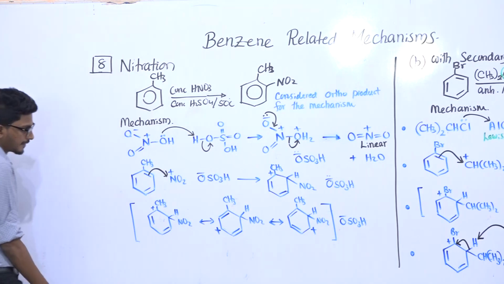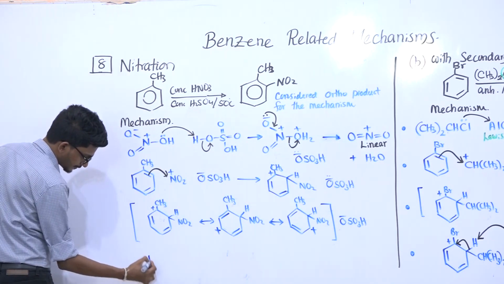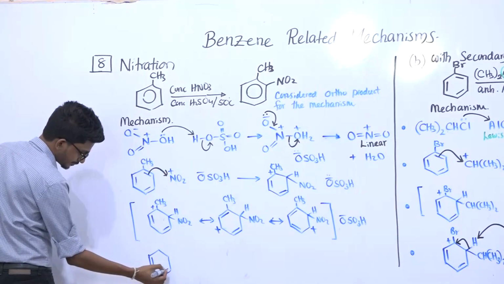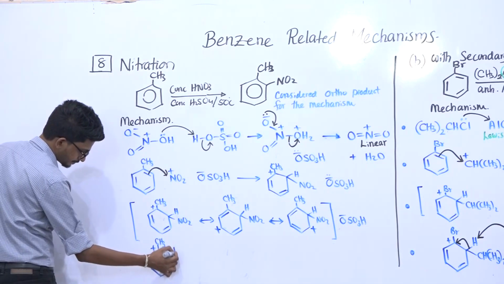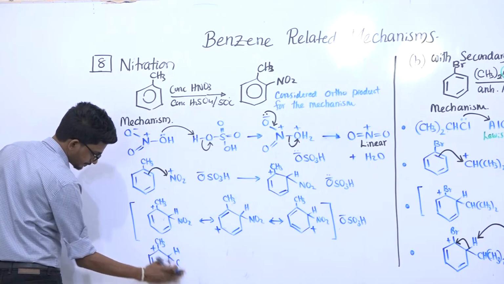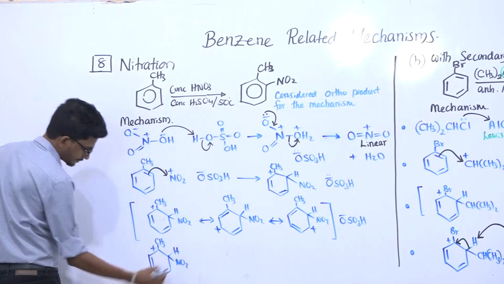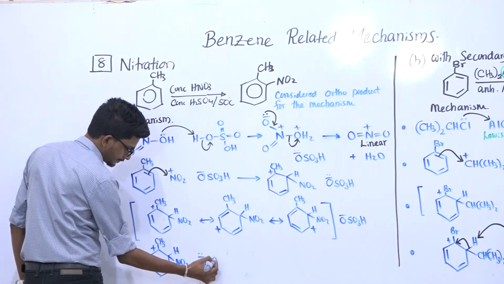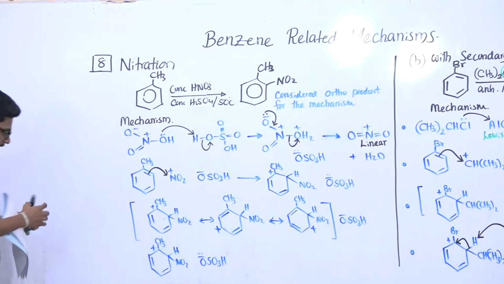Finally, forming the product with the regeneration of the catalyst. So O minus SO3H is there. So that will attack the hydrogen here.